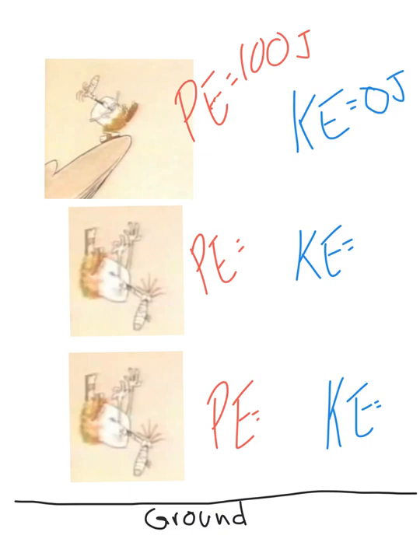Now he falls, and as he falls, one of two things happen. His height is going to decrease, and if his height decreases, so does his potential energy, because his potential energy is based on how high up he is, where his position is. So we're going to say it goes down to about 50 joules. Now, energy cannot be created, nor can it be destroyed.